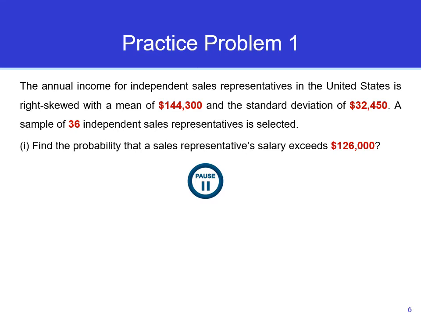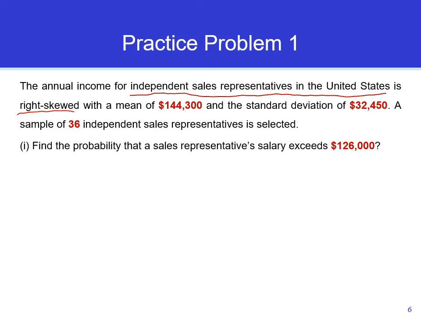Right, let's see the solution. So here we have a population of independent sales representatives in the US. We know that the distribution is right skewed, but we don't really know the distribution.